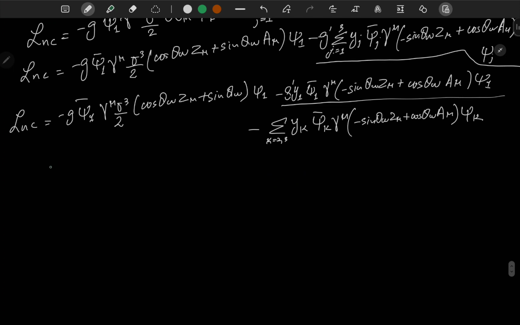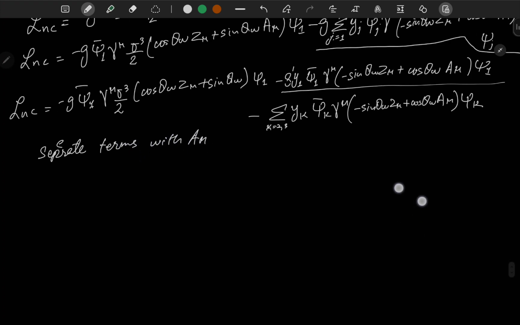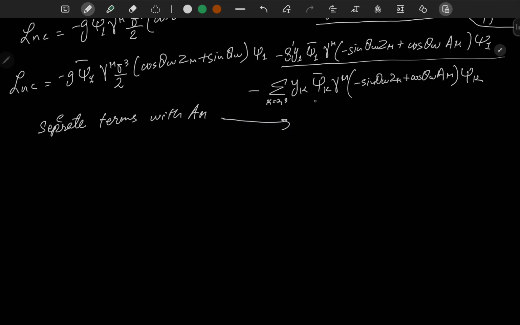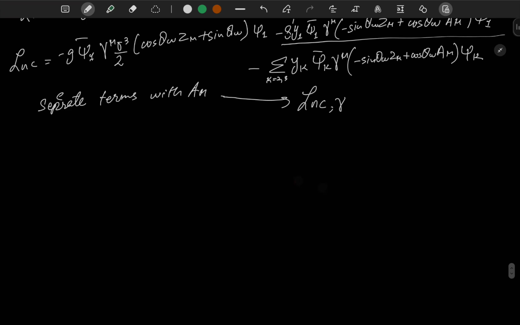Okay, now we are going to separate all the terms with a mu, and that will be our neutral current part mediated by the gamma, and then we will separate terms with z mu, and that will be the neutral current term mediated by the z0.